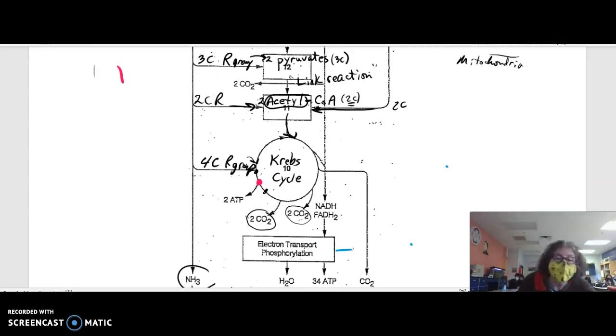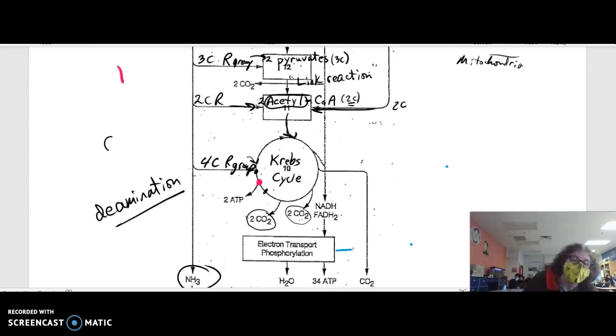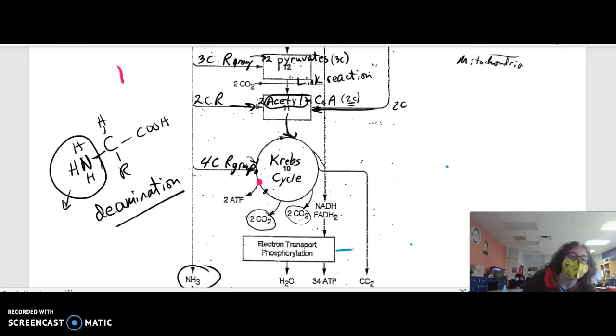And then remember deamination? Deamination, which is you take, remember this? There's the R group. Remember the NH group? That is ammonia, right?